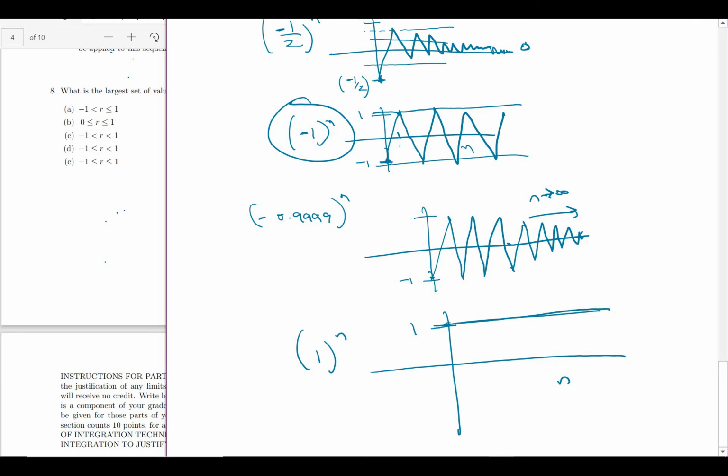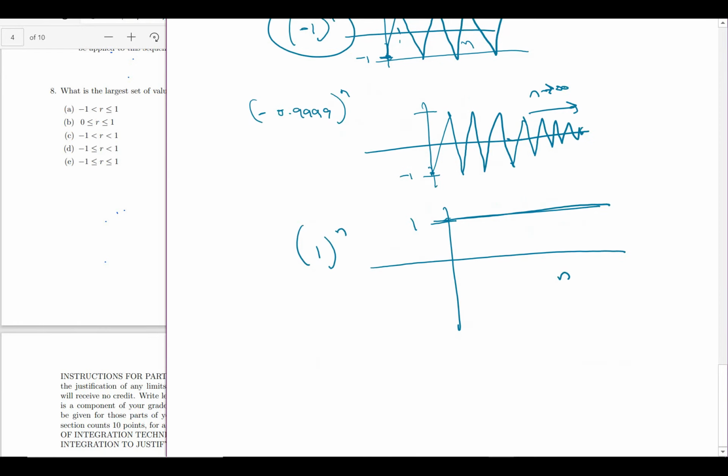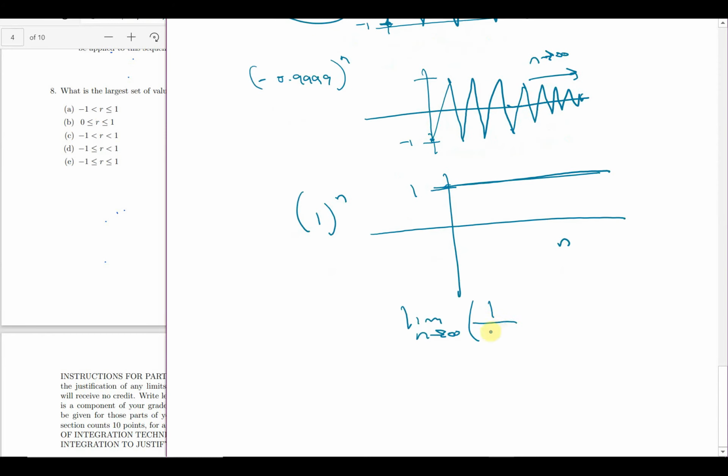It doesn't oscillate, it's always the same. So essentially the limit, of course, equals 1. So the limit as n tends to infinity of 1 to the n is just 1.